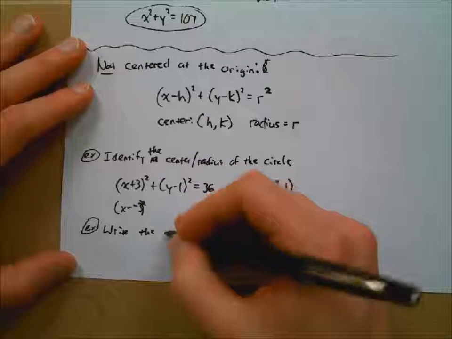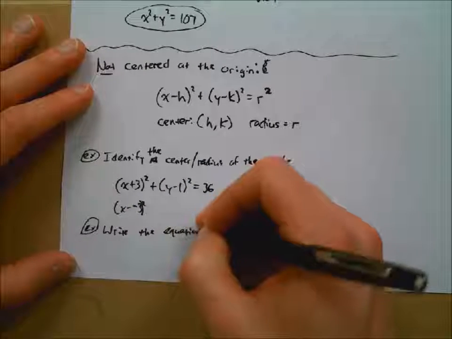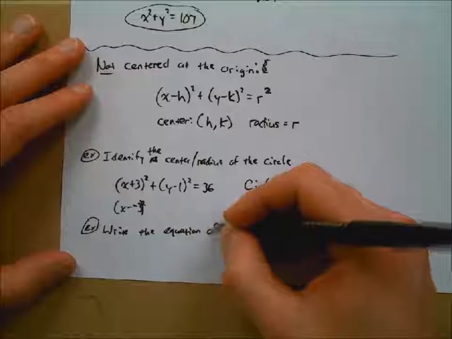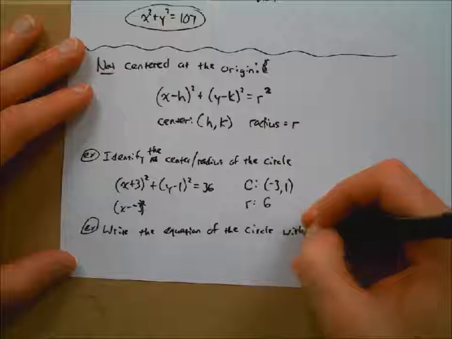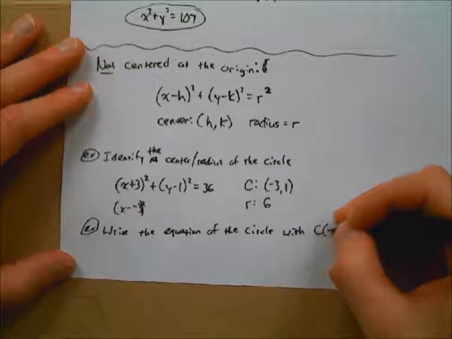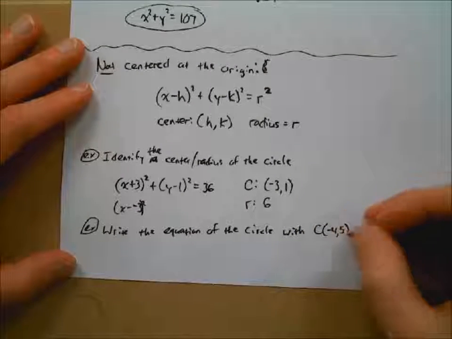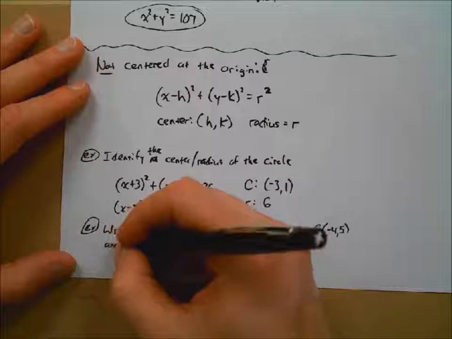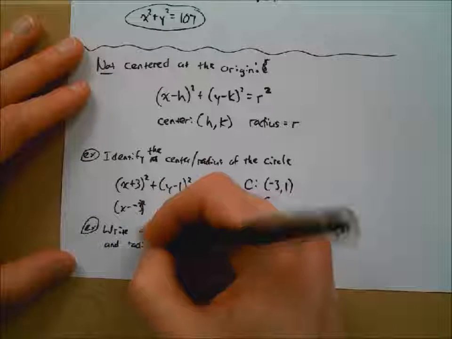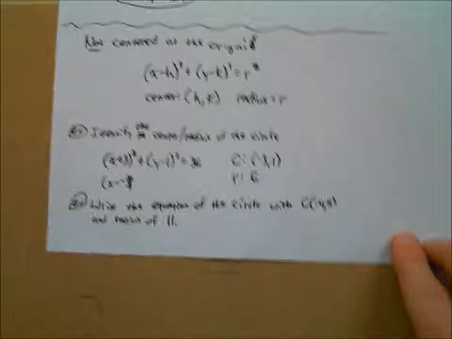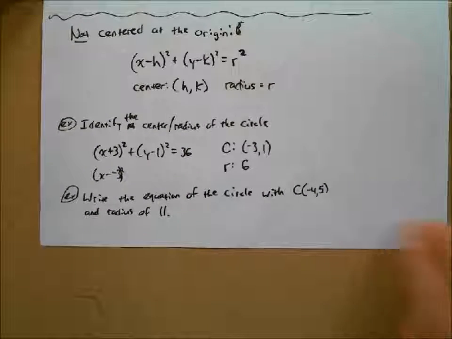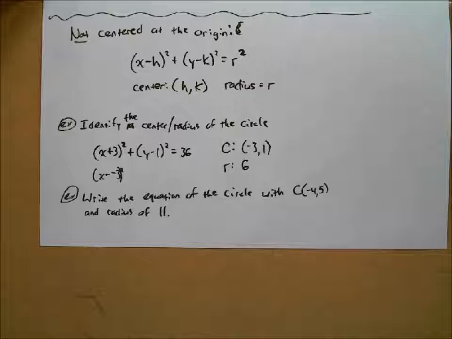Write the equation of the circle with center (-4, 5) and radius of 11. So why don't you go ahead and do that? Take like 2 seconds, write the equation. Once you've finished writing down the directions, write the equation there and just do it.